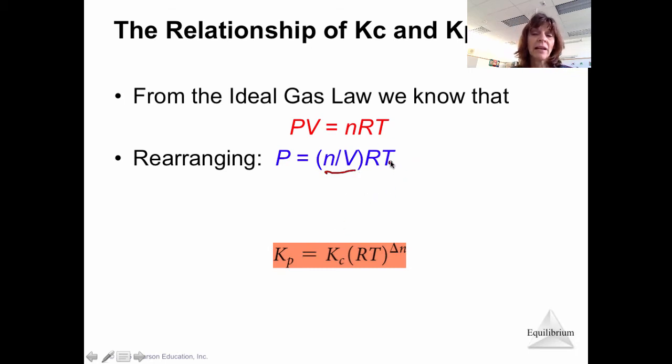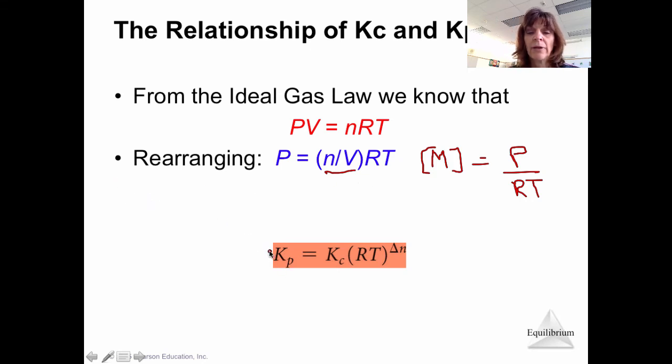So if we stuck this into an equilibrium expression, I might want to rewrite this as molarity, which is n over V, would equal P over RT. So you could put that into an expression in place of the concentration. Or we could put all of this in for the pressure if we did it by pressure.